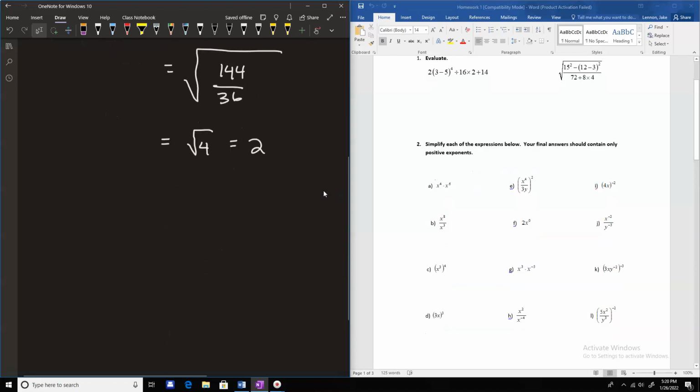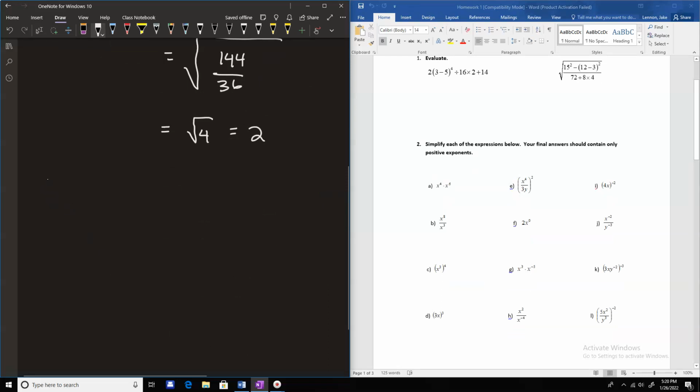So remember the main rules we're using here for number 2. We have our laws of exponents. And sometimes I number these differently, so let's not forget. 1, we have a to the m times a to the n. If they have the same base and you multiply them, then you add the exponents.